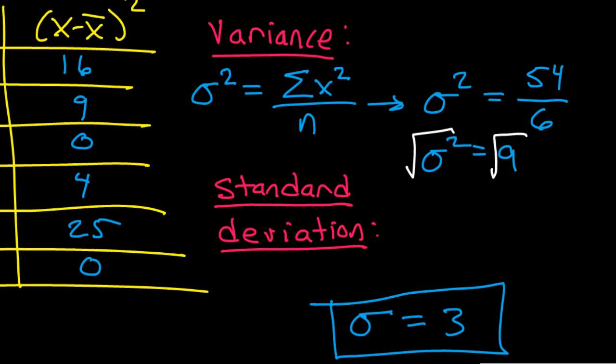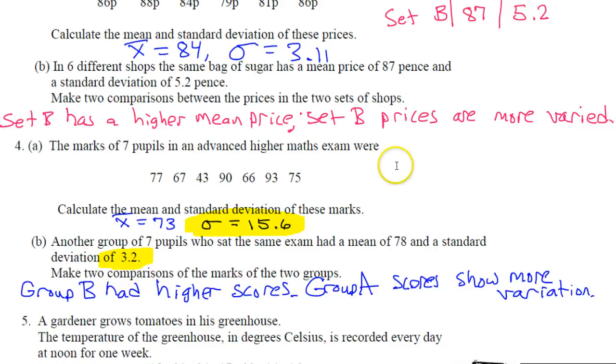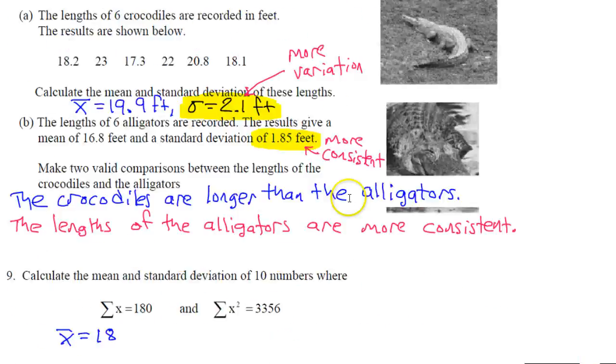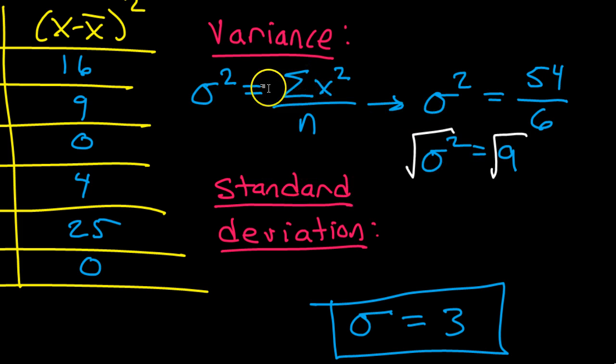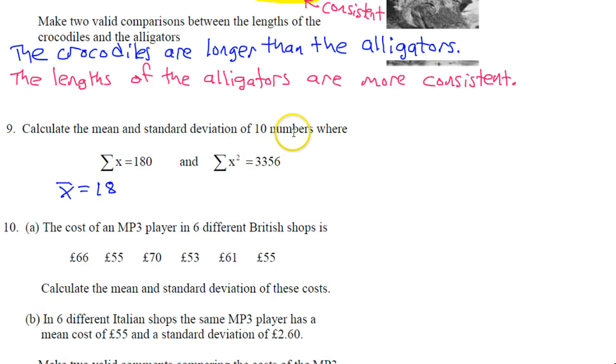Now, relating it back to the problem on which we were actually working, they're giving us the sum of the squares. Remember what we just did. The variance, which is the standard deviation squared, is equal to the sum of the squares divided by n, where n is how many elements you have. In this case, n is 10.